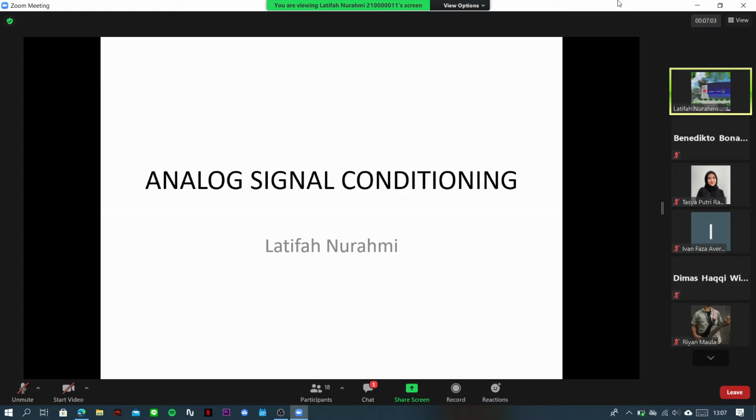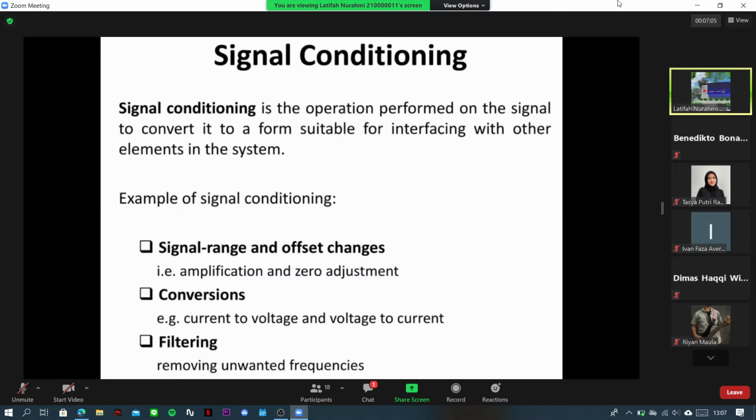So from the name signal conditioning, why do we need signal conditioning? If you remember, when you install a thermocouple in your system, the thermocouple will sense or read the temperature change of, let's say, your furnace, then the results will be in voltage.